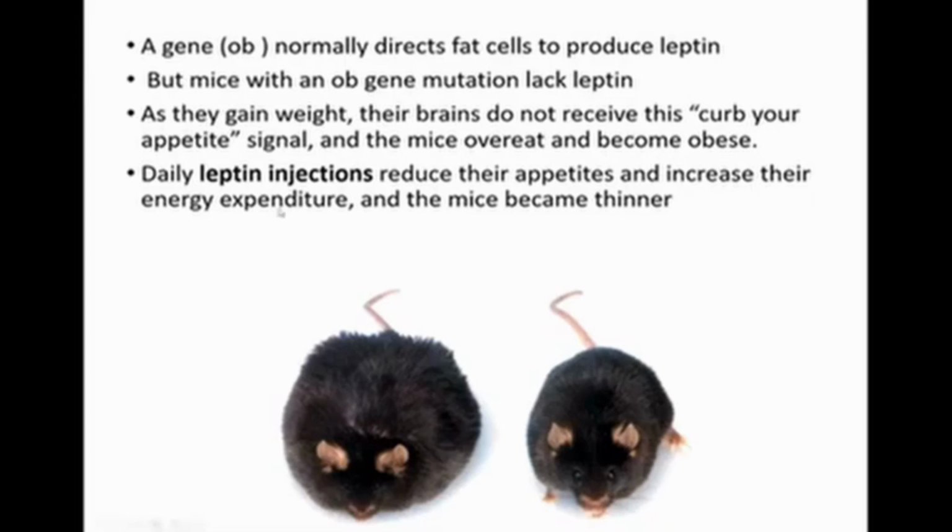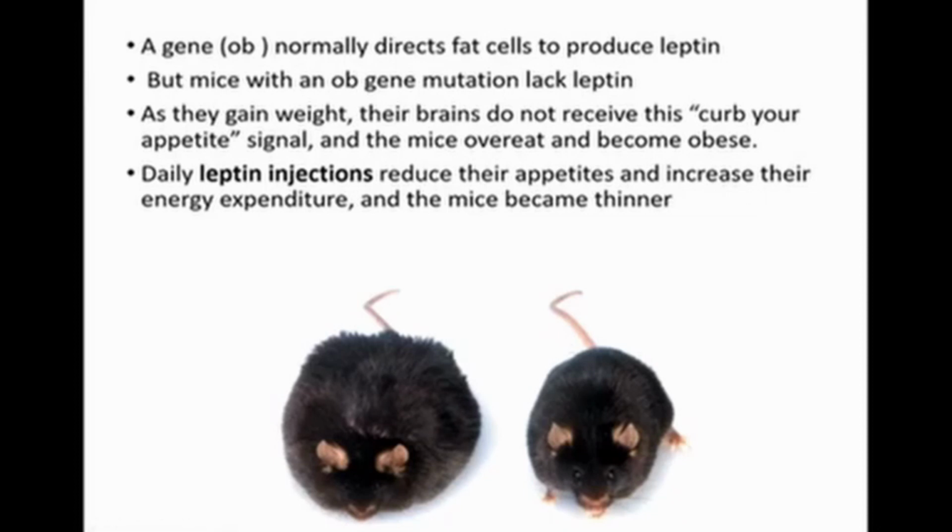By injecting leptin, the brains then pick up on the fact that there are high leptin levels, and they'll start sending those signals to reduce the appetite and increase energy expenditure. And so a mouse that is this obese can go back to being this thin through daily injections of leptin.